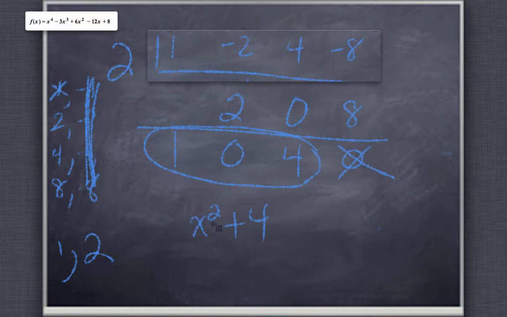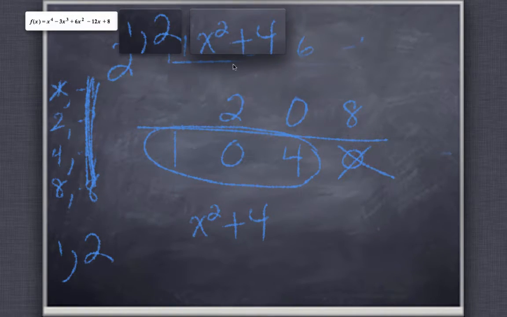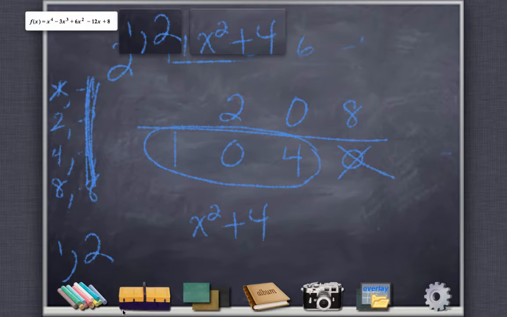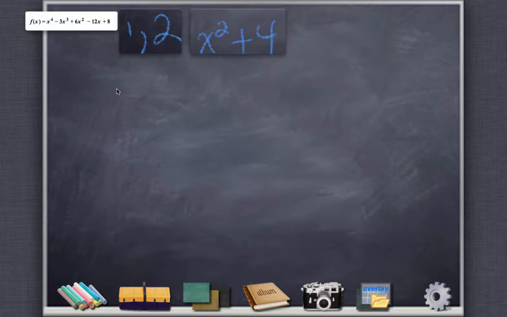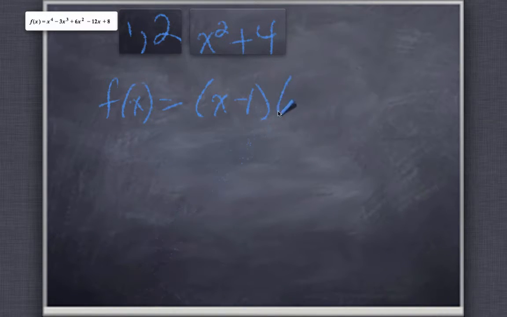So far, putting this information together, I know that f of x equals x minus 1, x minus 2, x squared plus 4.